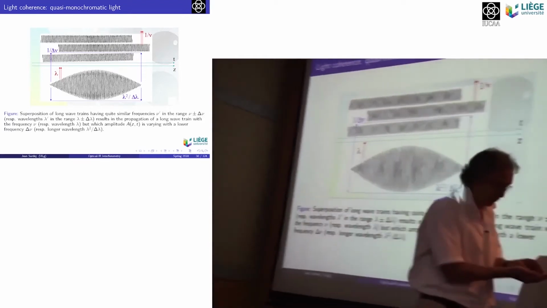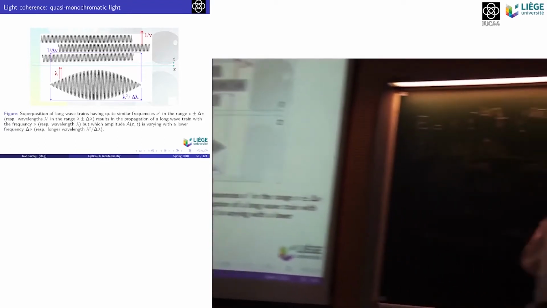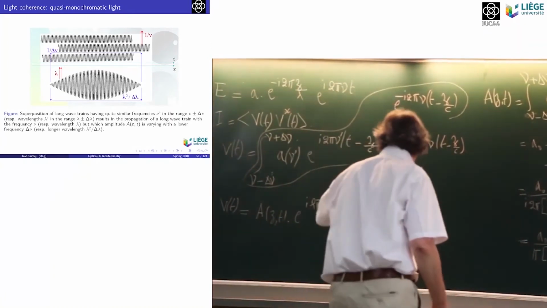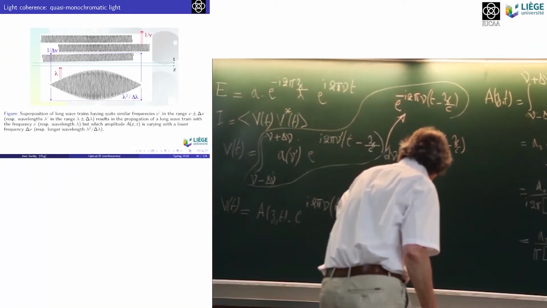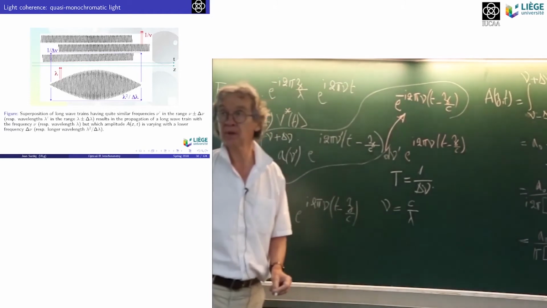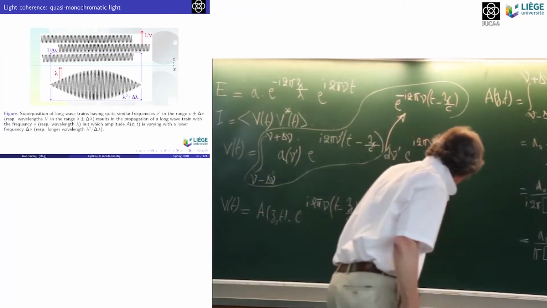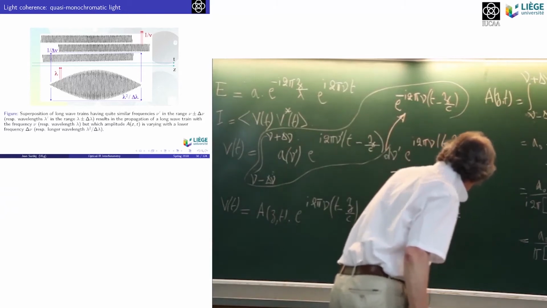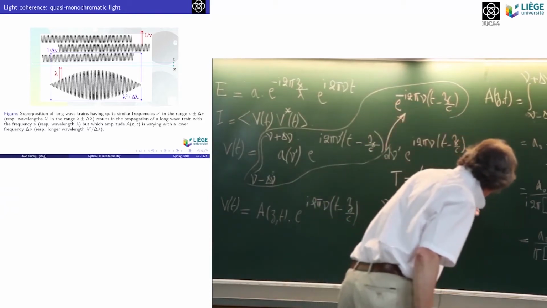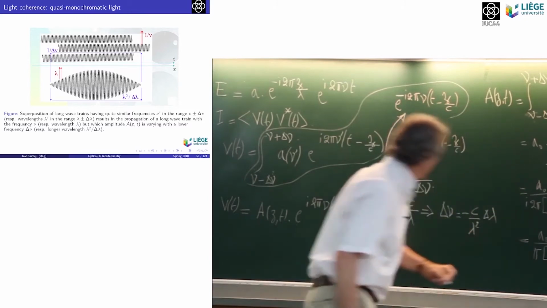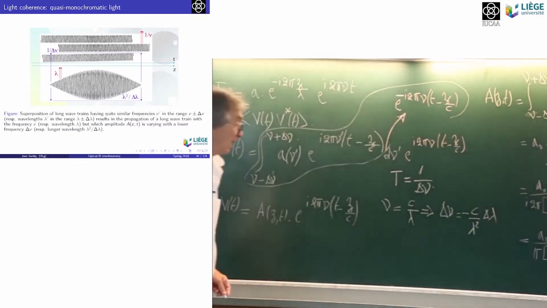So what I do is the following. I say nu is equal to c over lambda. Do you agree? Nu equals c over lambda, which means that delta nu is equal to minus c over lambda squared times delta lambda. Yes?